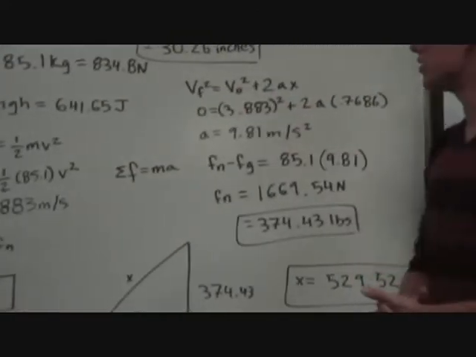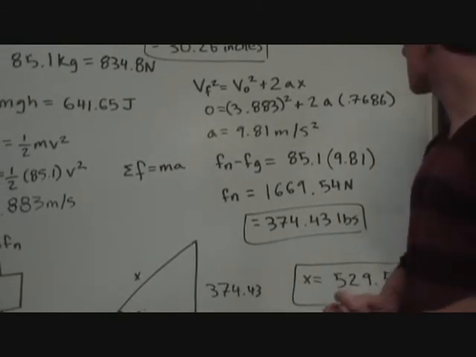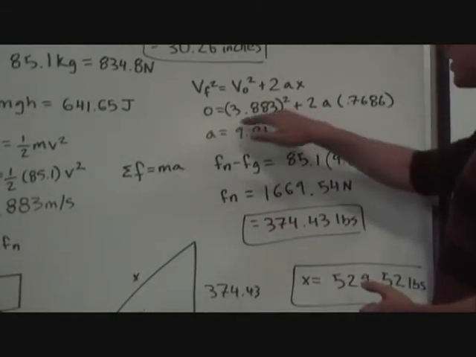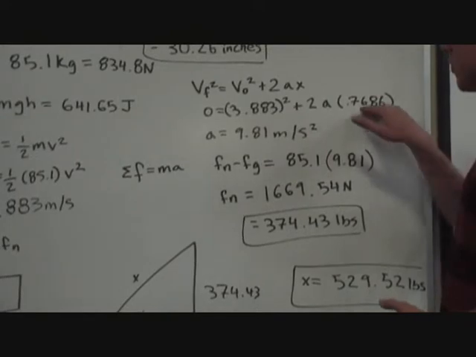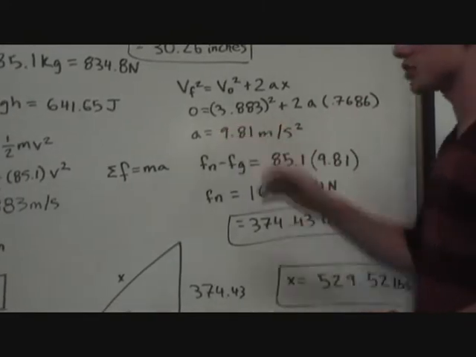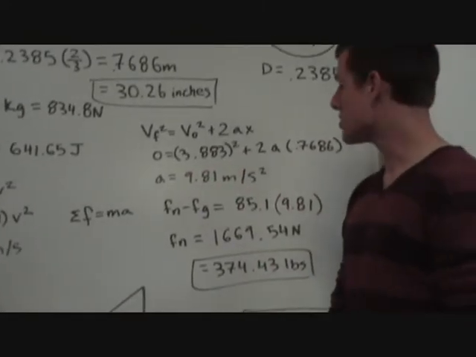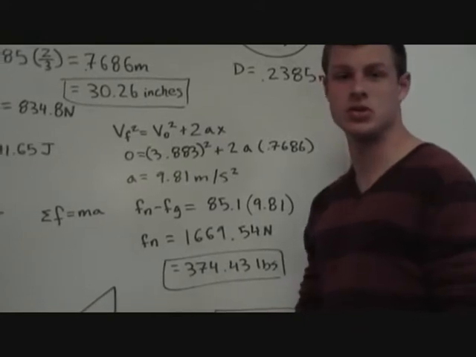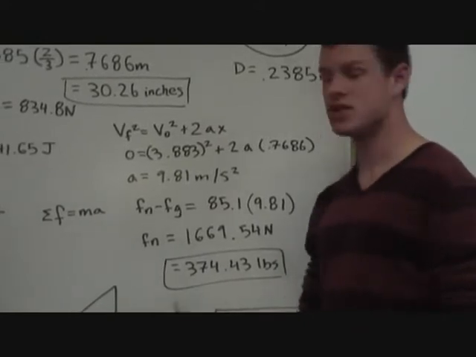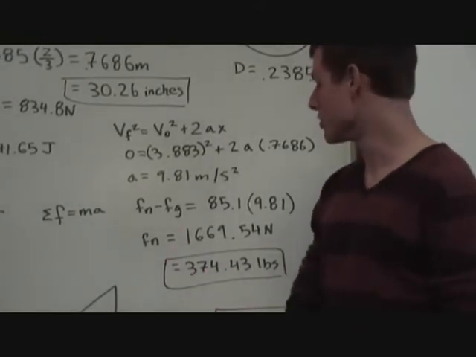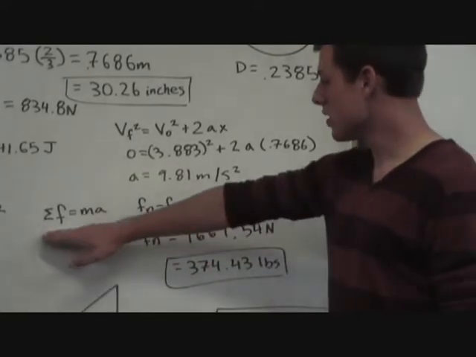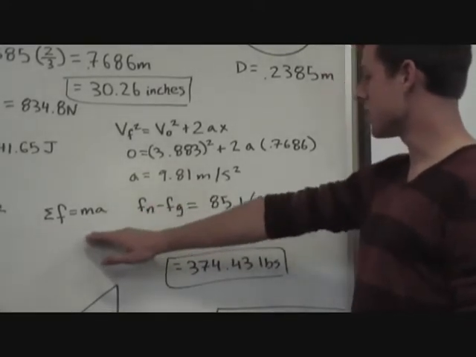So if we go over here, we can use some projectile motion equations and plug in my initial velocity and the height I need to jump. We can solve for the acceleration, which incidentally happens to come out to be identical to acceleration due to gravity, just this time I'm accelerating upwards instead. So our sum of the forces equals mass times acceleration.